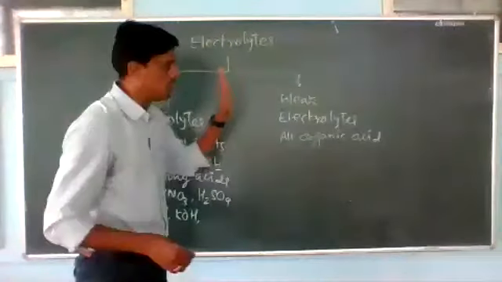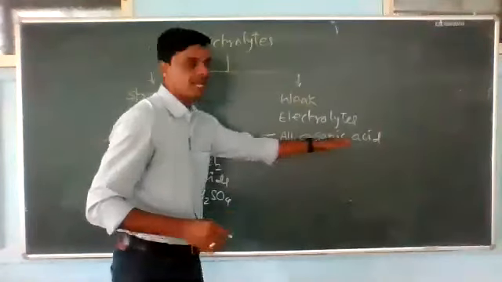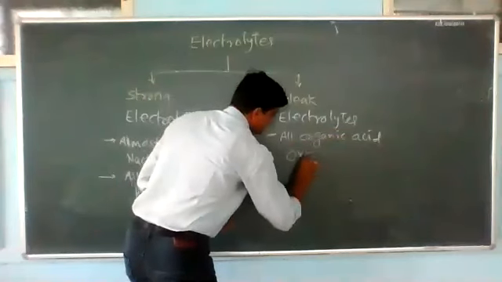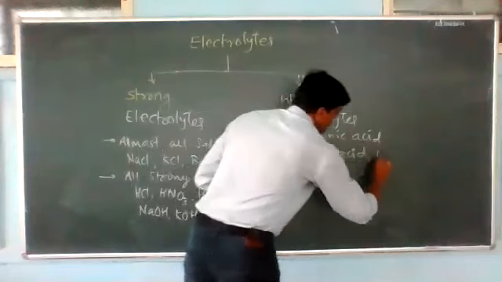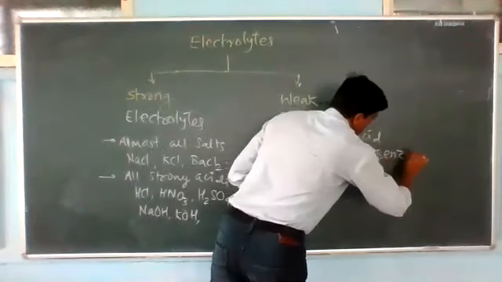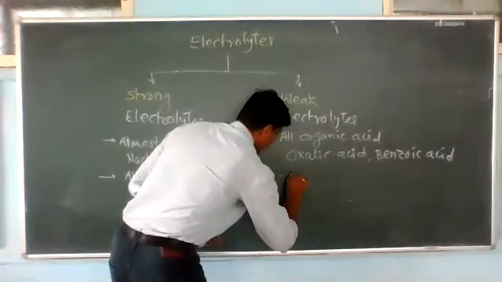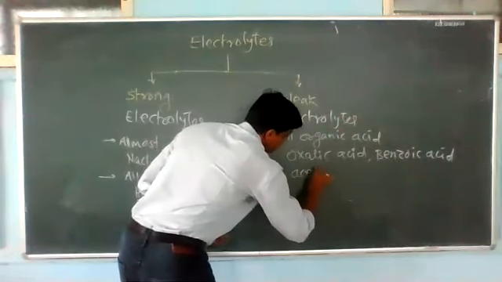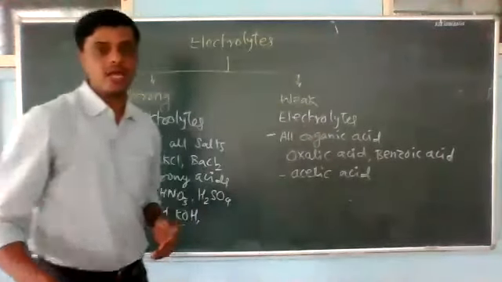You can put many more. But the weak electrolytes are all organic acids like oxalic acid, benzoic acid, and very importantly, acetic acid, etc.